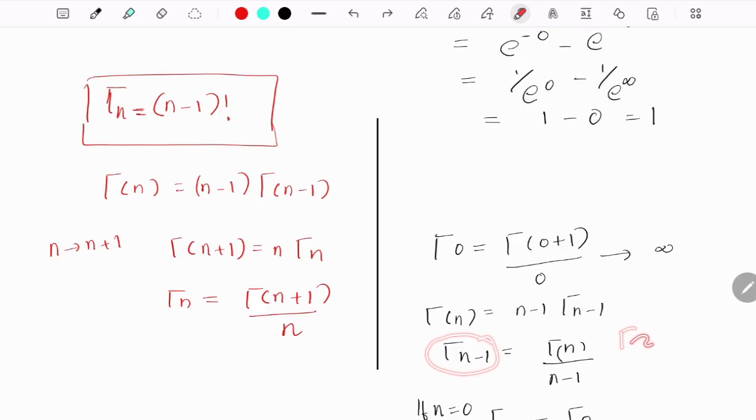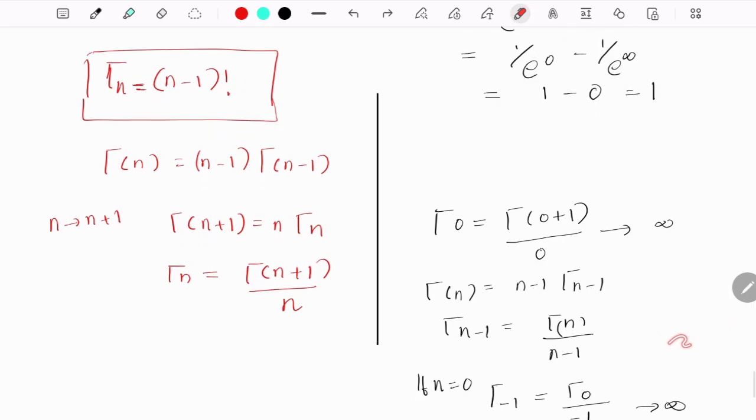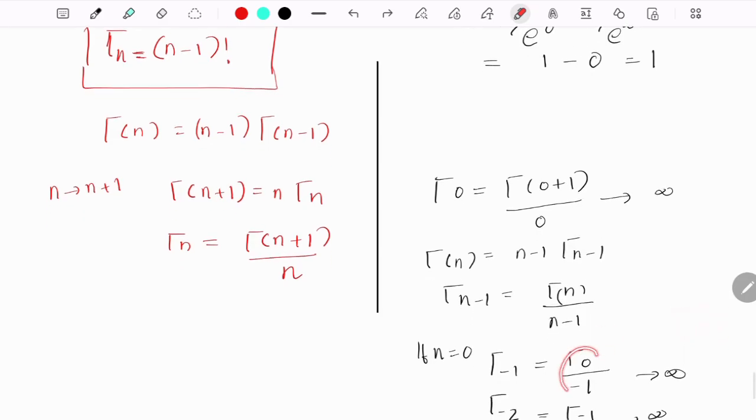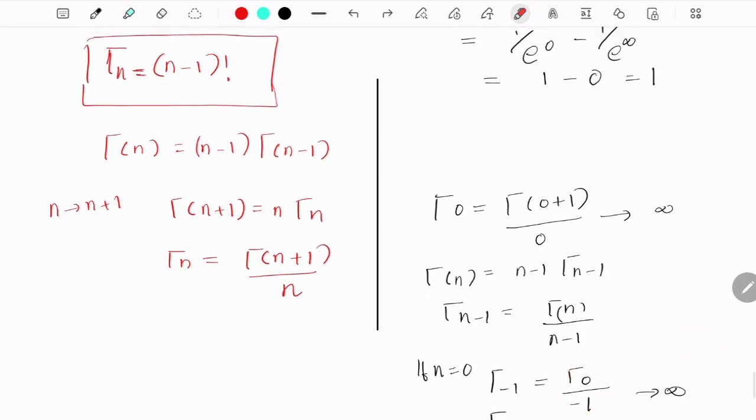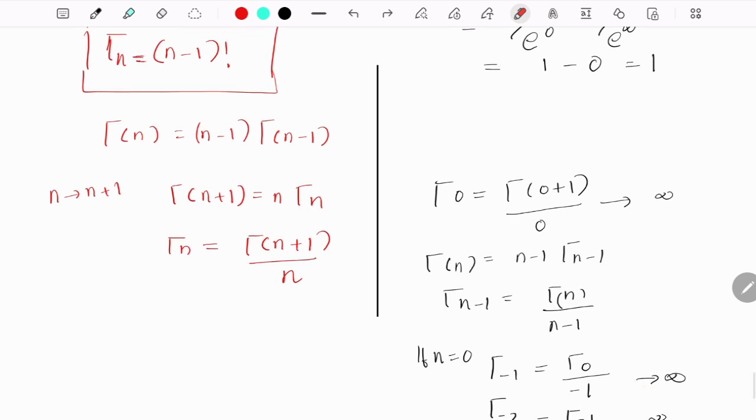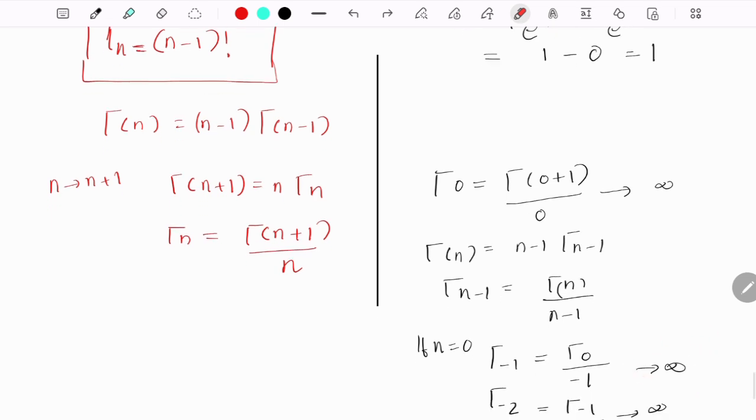Gamma of n equal to 0, that is gamma of minus 1. So gamma of minus 1 is equal to gamma of 0 divided by minus 1. Okay, so gamma of 0 is infinity. So this is also unsolvable. We can't define.